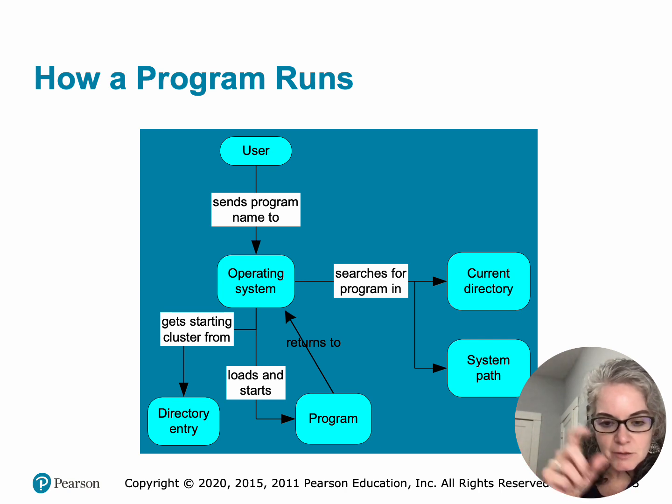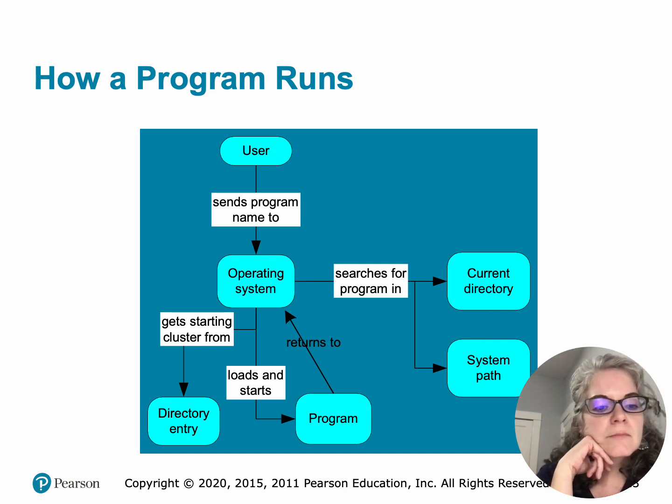So this process is running here, and this is how big it is. Then we load and we start the program. And then when you load and start the program, it goes back to the operating system.